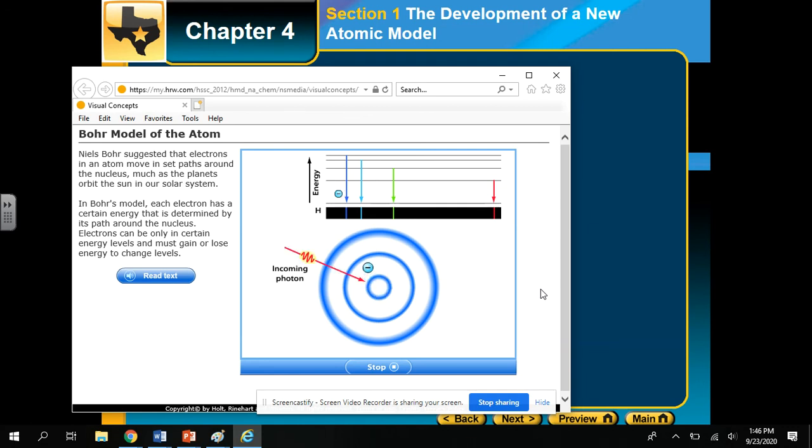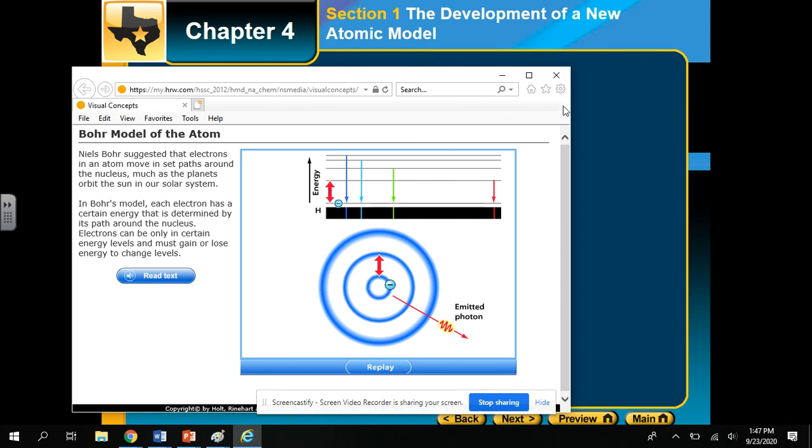While in an orbit, the electron can move to a higher energy orbit by gaining an amount of energy equal to the difference in energy between the orbits. When a hydrogen atom is in an excited state, its electron is in a higher energy orbit. When the atom falls back from the excited state, the electron drops down to a lower energy orbit, and a photon is emitted. The emitted photon has an energy equal to the energy difference between the higher energy orbit and the lower energy orbit.